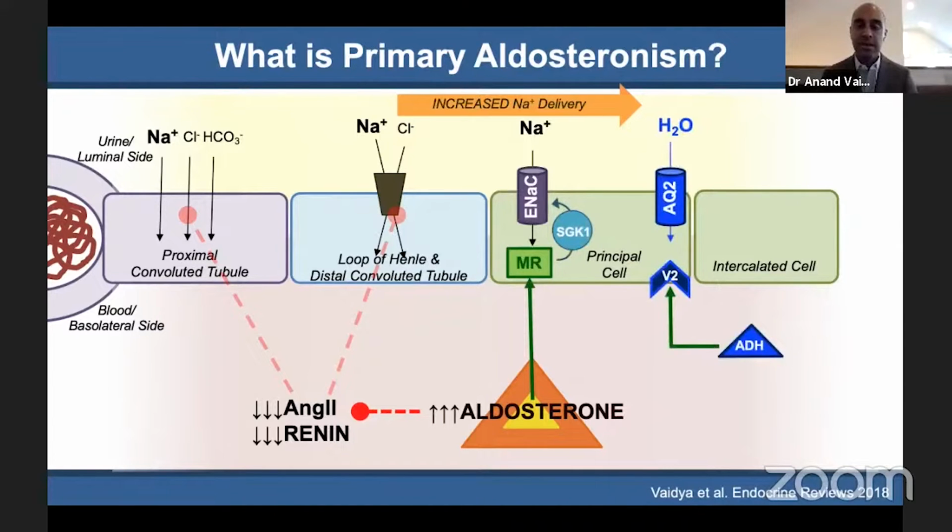So what has happened here is there's a shift. Sodium and water reabsorption used to happen dominantly in the proximal part of the nephron, and now more of it is happening in the distal aspect because there's more distal sodium delivery and excess aldosterone. And in addition to this volume expansion, for every sodium cation that's reabsorbed, one potassium or proton must be excreted.